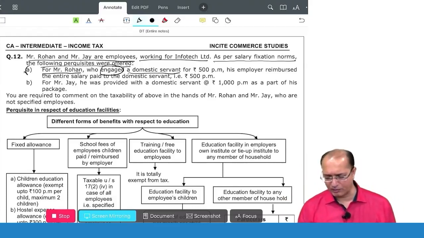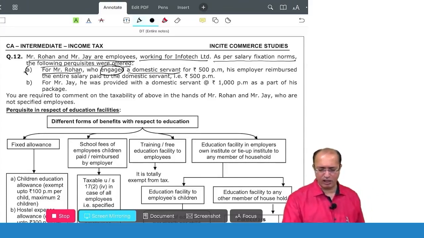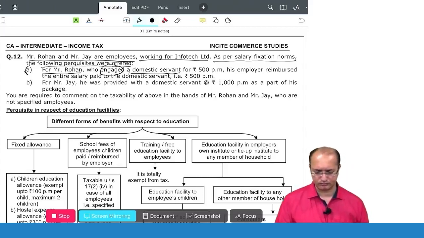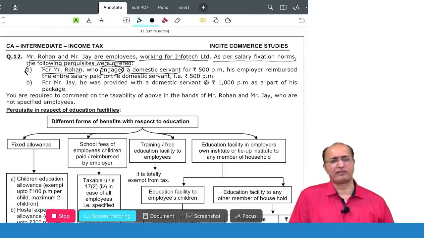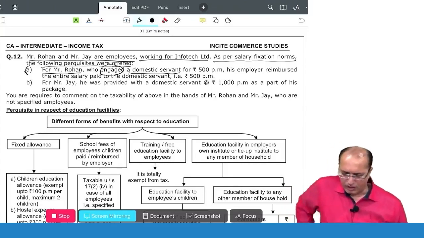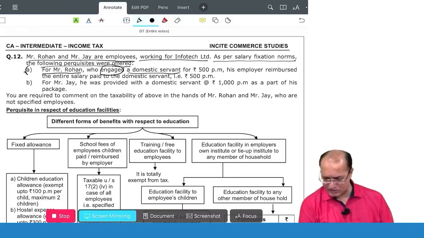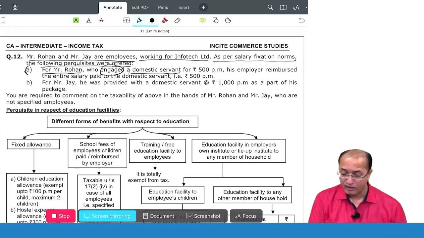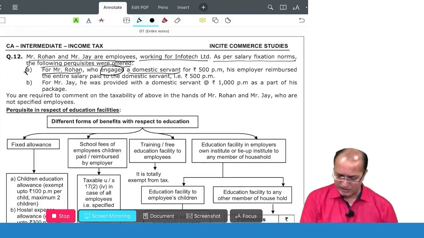Domestic servant is appointed by employer or it is appointed by employee? It is appointed by employee. If it is appointed by employee, it is whose duty or whose obligation to pay salary to domestic servant? It is employee's obligation to pay salary to the domestic servant.